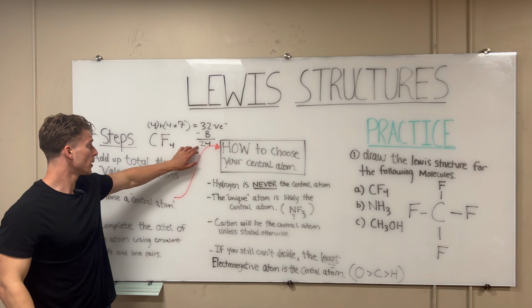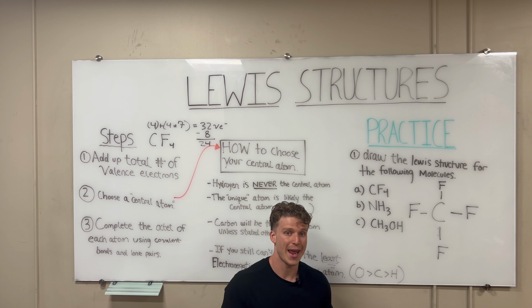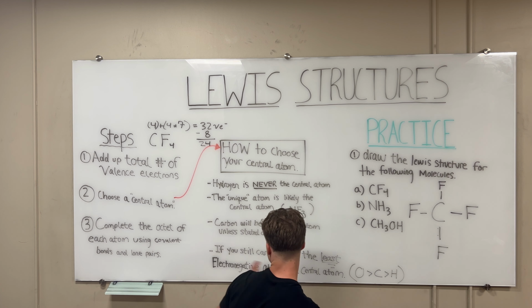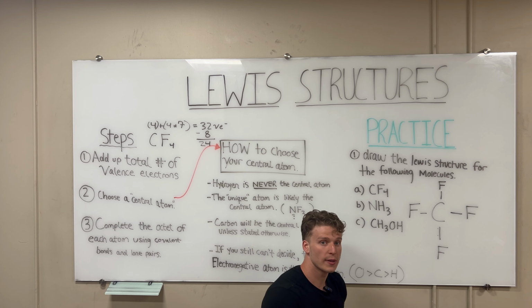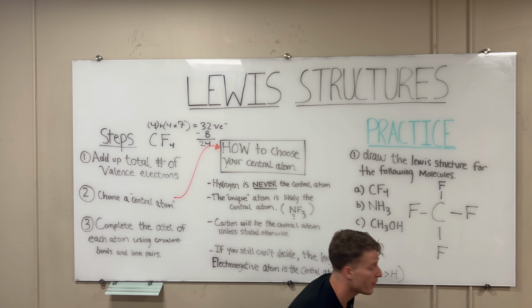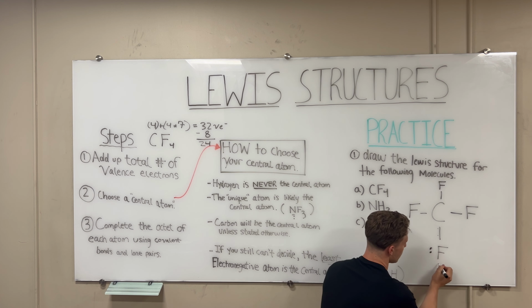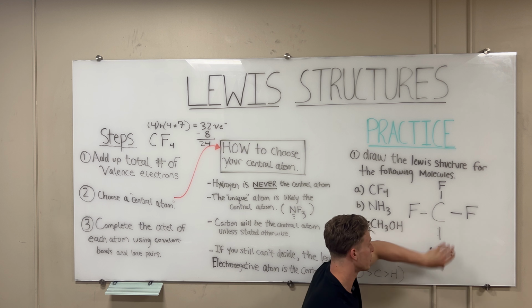So where are we going to put those? Well, what we're going to have to do is use lone pairs to fill in the rest of our electrons. We're done making covalent bonds. Carbon's done. However, we have 24 electrons that we can use to complete the octet of each fluorine atom. So each fluorine is going to need 3 lone pairs. Now, lone pairs are not shared between atoms.